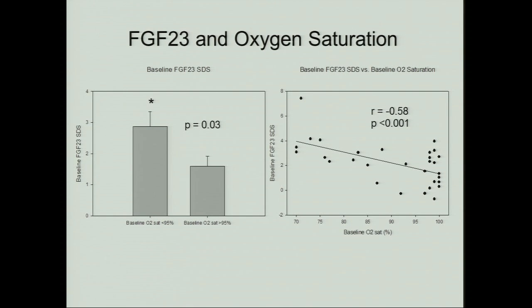FGF23 correlated negatively with baseline oxygen saturation, and even after adjusting for estimated GFR and phosphate standard deviation score, oxygen saturation still predicted FGF23 Z-score and did so better than the other 2 covariates. These data suggest that hypoxia may play some role in the elevated FGF23 levels we observed at baseline in this population with otherwise normal renal function.